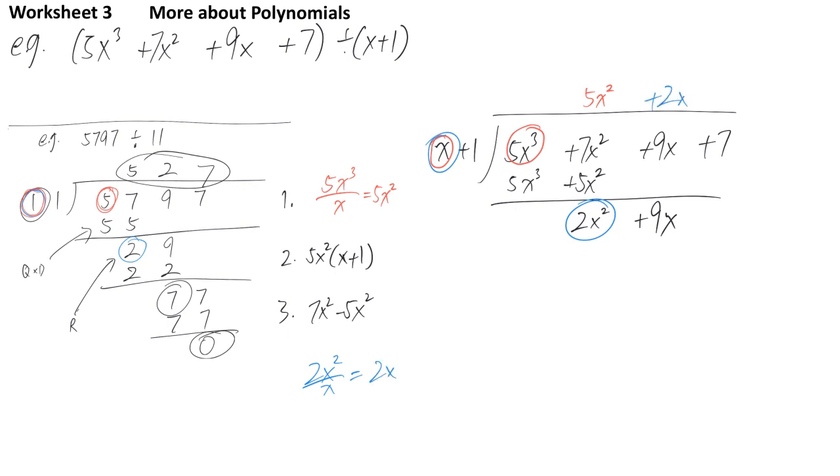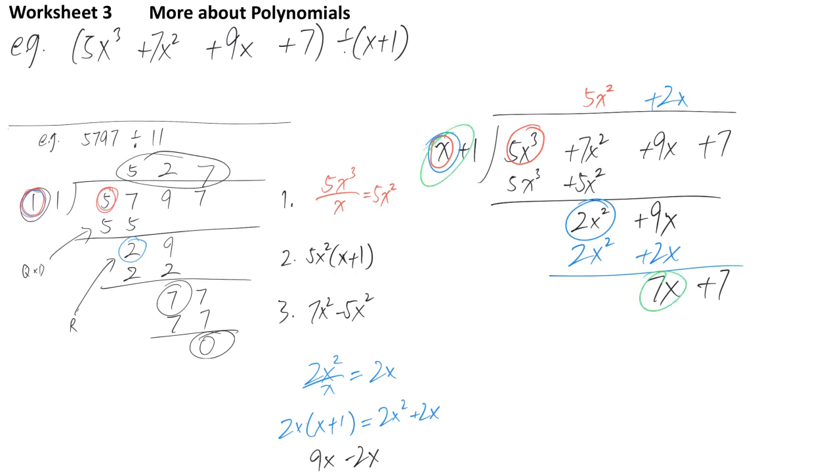And then after that, we use 2x times x plus 1. We get 2x squared plus 2x. So I write down 2x squared plus 2x. And then we subtract them. 9x minus 2x, we get 7x here. And then continue.